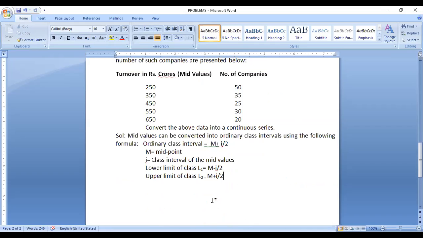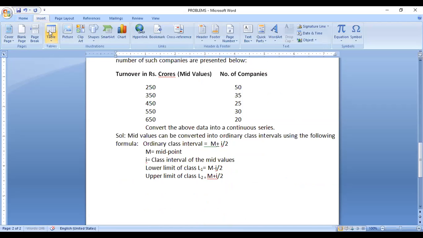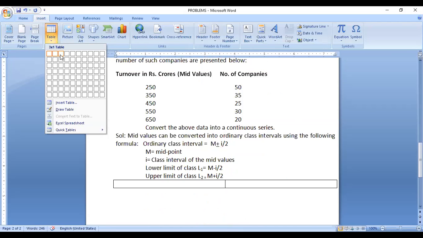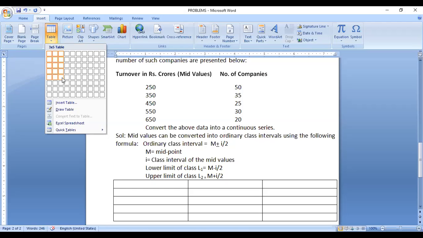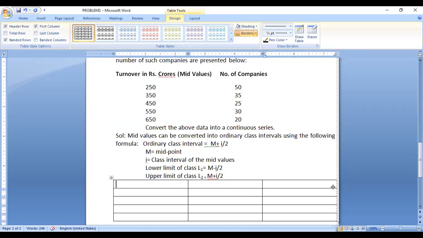Now first column is mid values. Second one, technique of conversion you take.